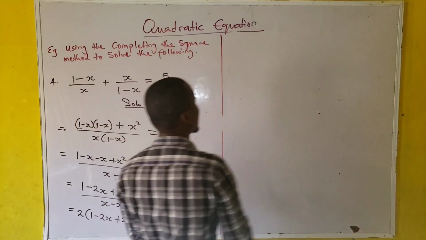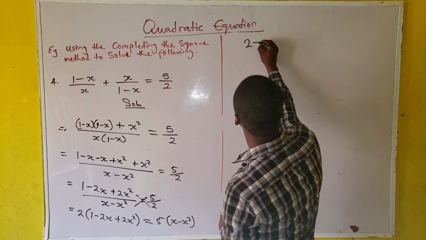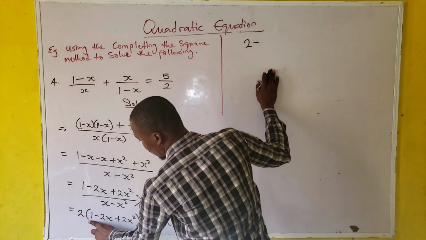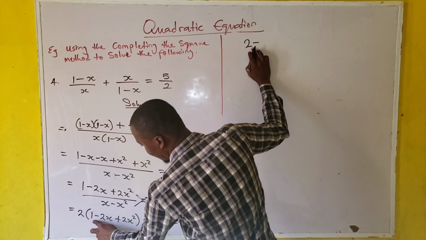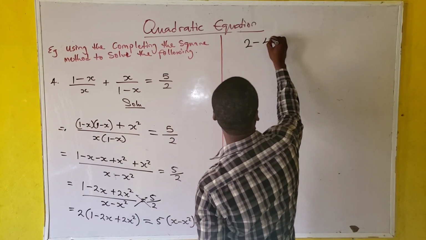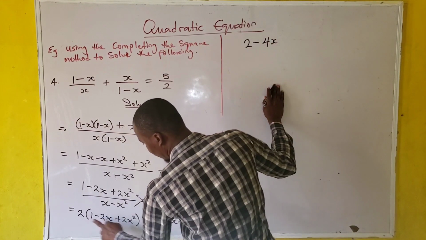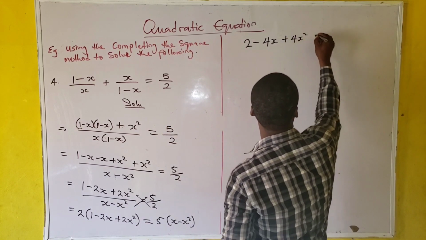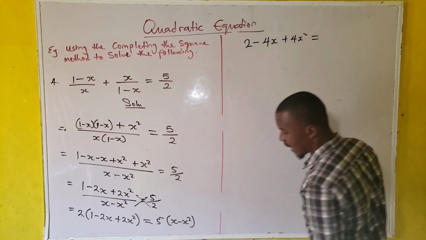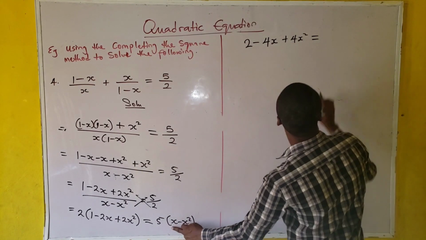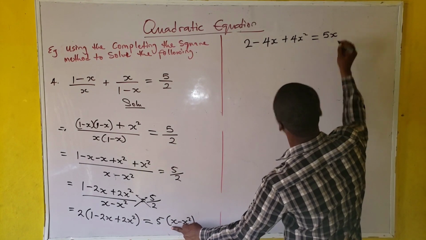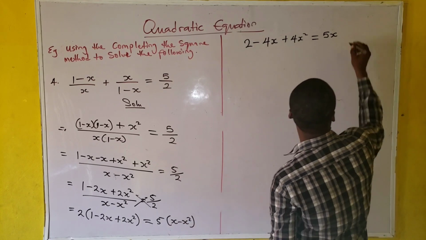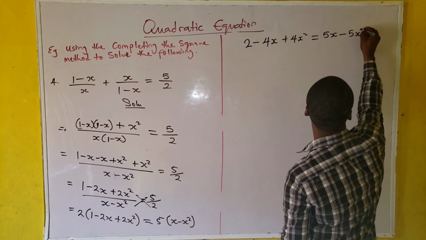So let's open this. That will give us 2 times 1, 2. 2 times minus 2x will give me minus 4x. 2 times plus 2x squared will give me plus 4x squared, equal to the right hand side. 5 times x will give me 5x. 5 times minus x squared will give me minus 5x squared.